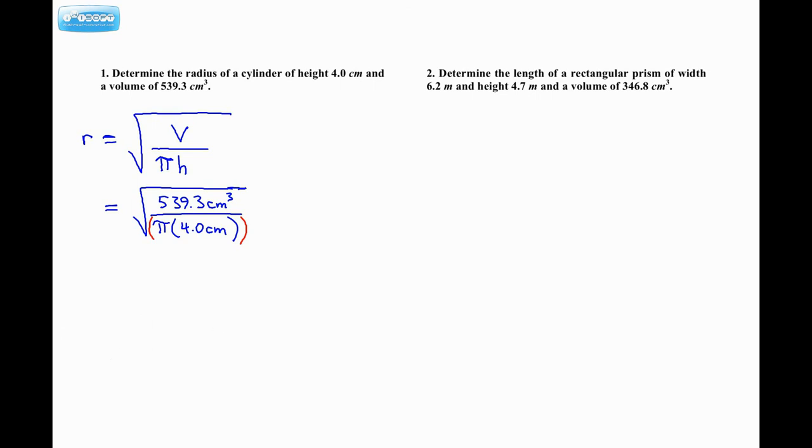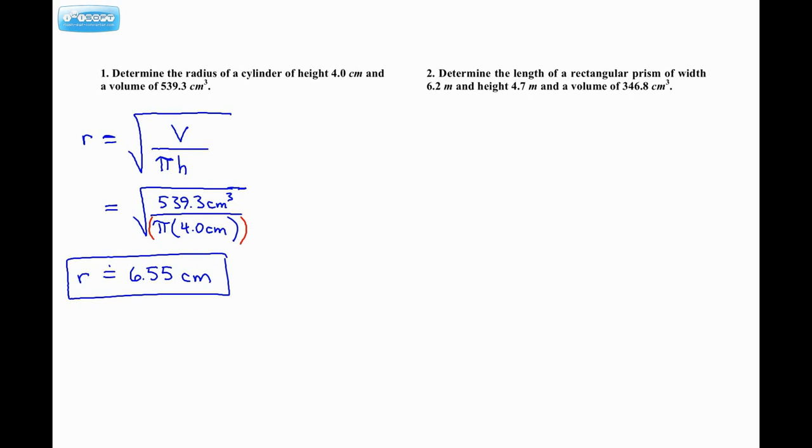And that's going to give me, not a very nice number, but 6.55, and of course this is now in centimeters. So I'll put that R here. All right, so that is the radius of my cylinder.